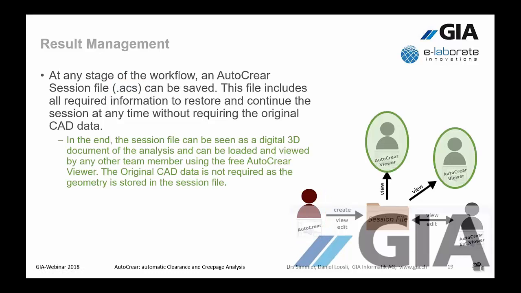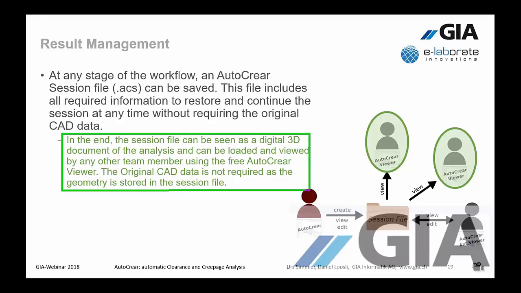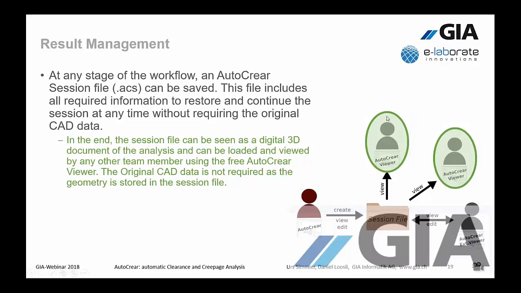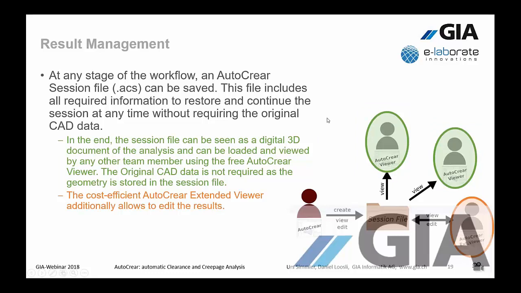For those people, we have a nice solution, a viewer, and in this viewer the user gets the capabilities to view the results and to see all the paths in order to take part in the process of clearance and creepage analysis. This is the free viewer. Besides that free viewer, we have an extended viewer, which is not free.